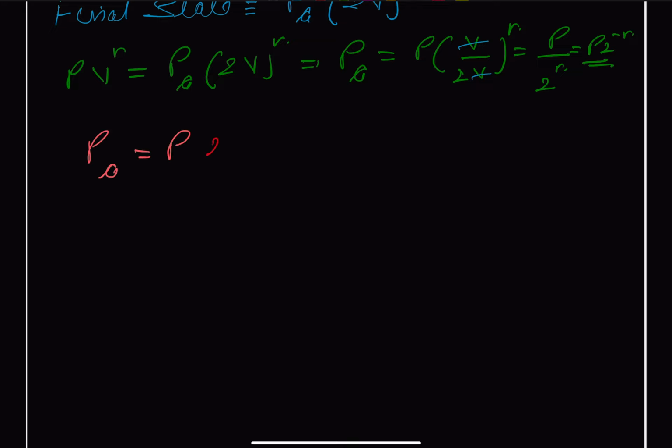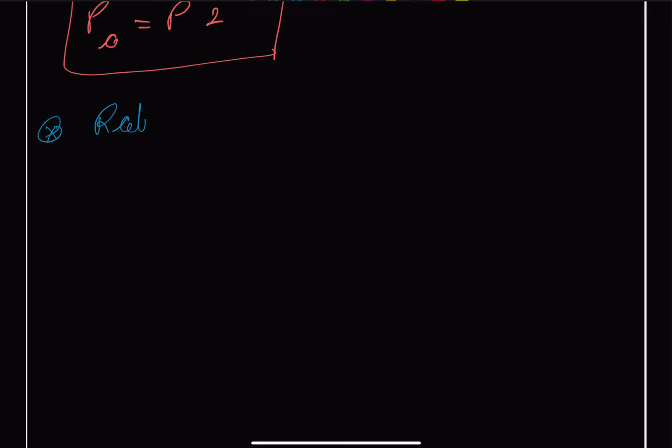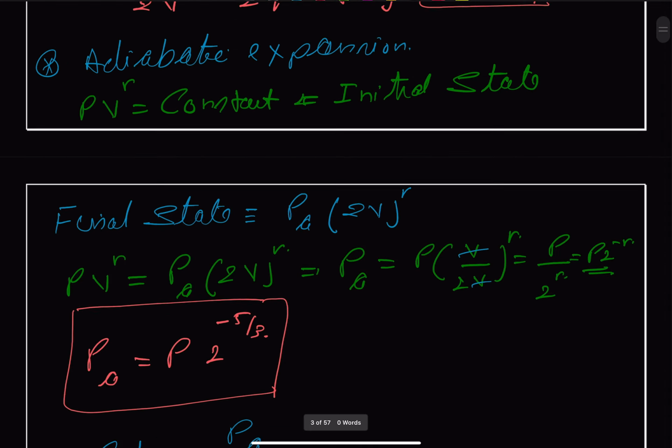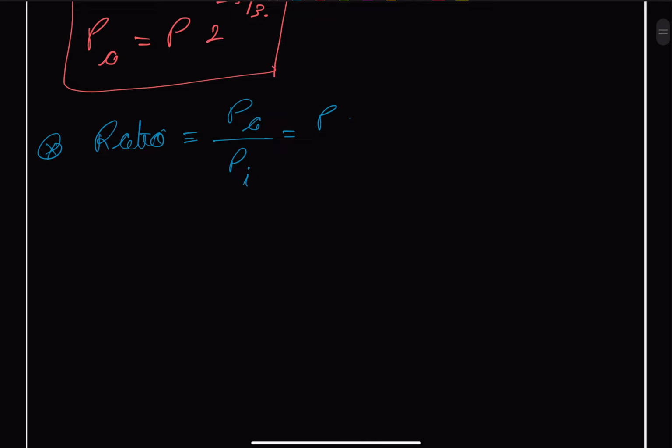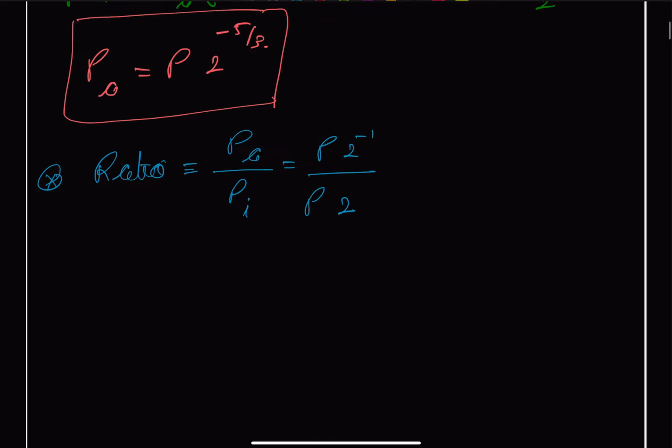So we are required to find the ratio. The ratio is Pa upon P isothermal. Pa is P 2 raised to power minus 5 by 3, and Pi is P 2 raised to power minus 1.